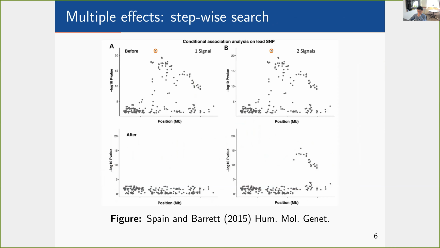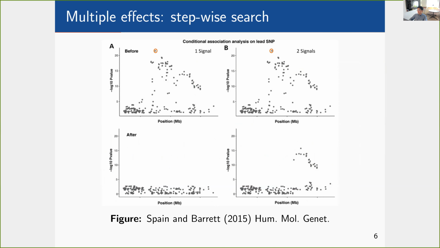Of course, traditionally what people do is a conditional regression approach. The argument is very simple. You know that there are some causal variants in there, and you also know many others are in LD with it. So let's start from the most likely one, which naturally will be the index SNP.